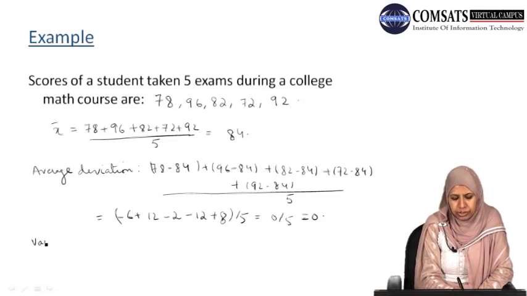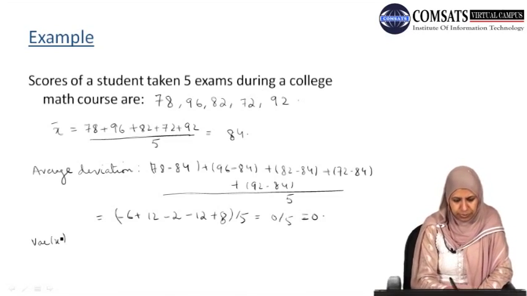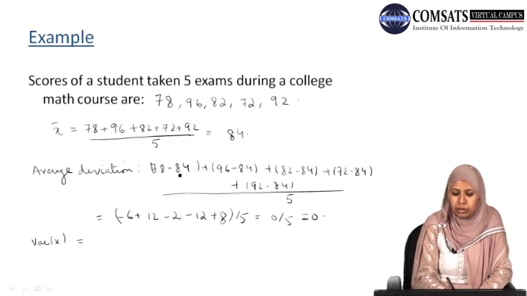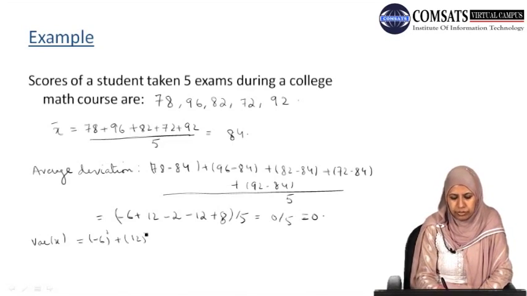And now we calculate the standard deviation for these data points, where we already know the mean. For this, first we have to calculate the variance, that is, the variance will be the squares of these numbers, minus 6 squared plus 12 squared plus minus 2 squared and so on.